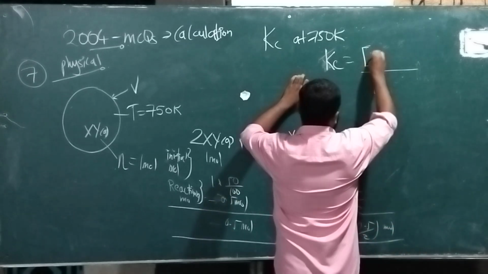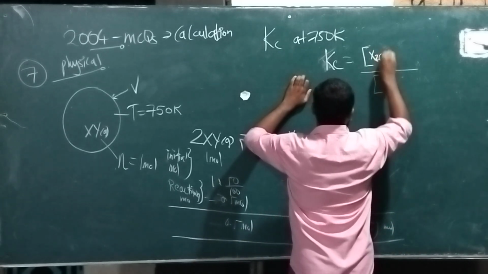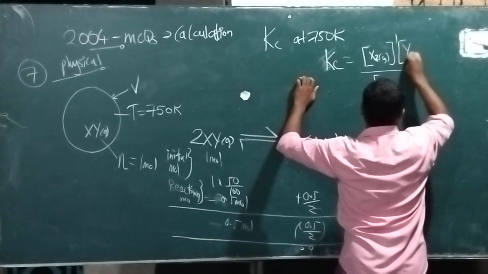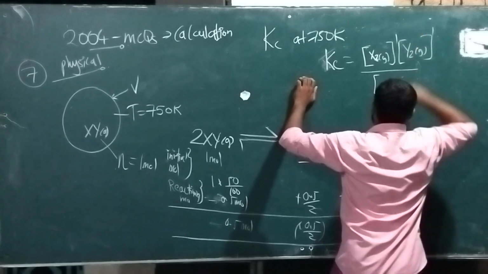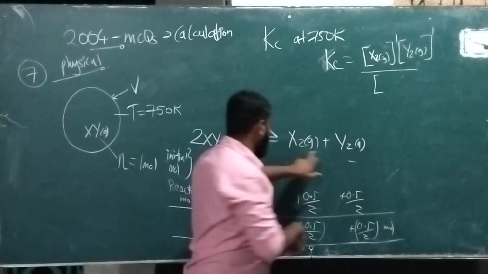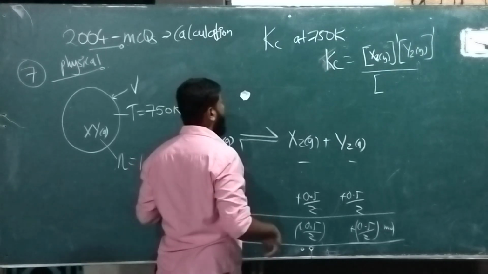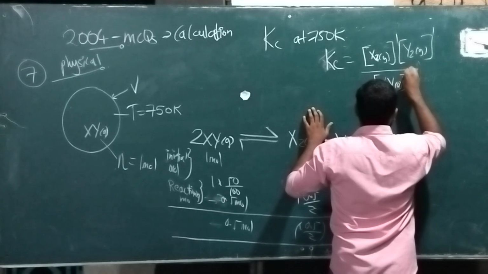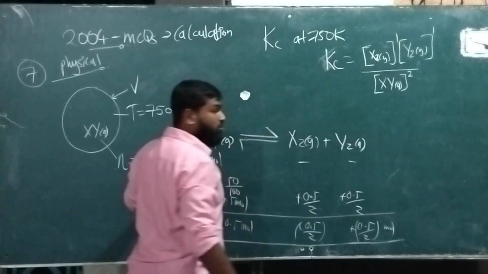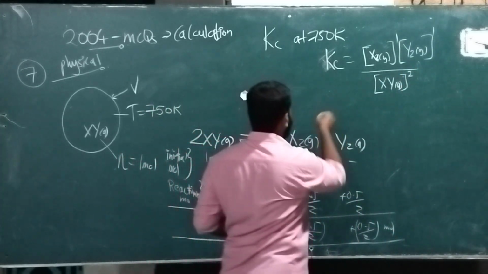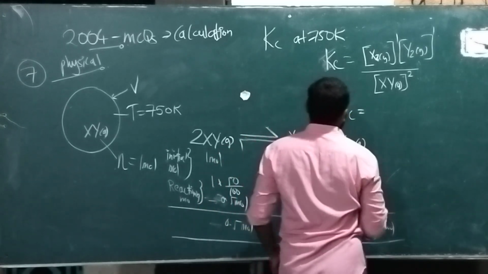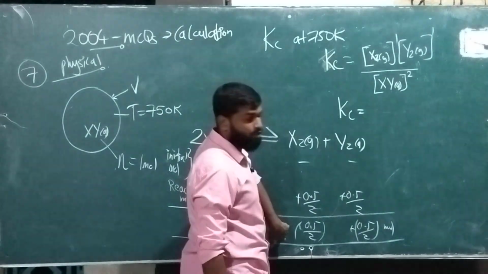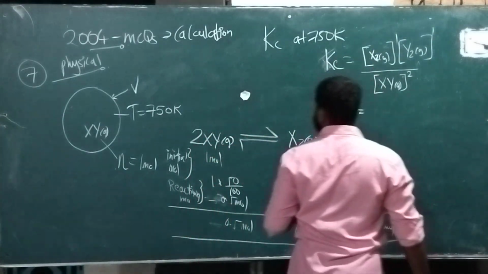So here you have X2 gas to the power 1, and here you have Y2 gas, with stoichiometric ratio 1:1. And here you have XY gas, which by stoichiometric ratio is 2. So Kc is equal to, what are the moles we got? 0.5 over 2.